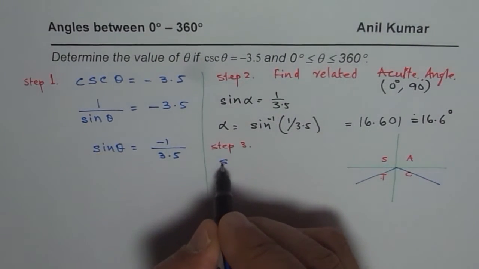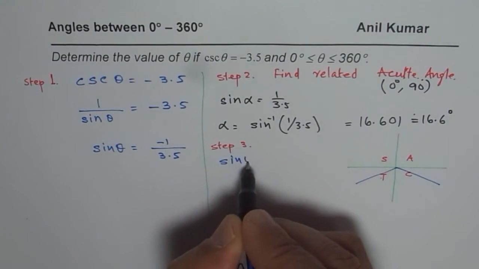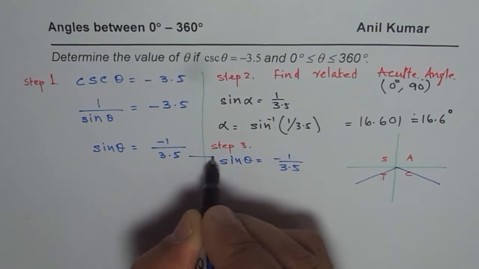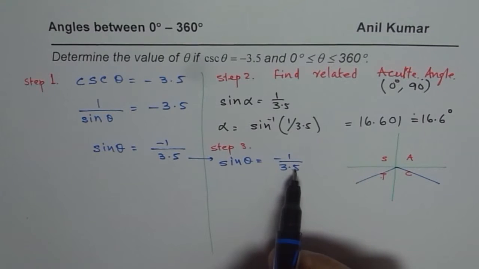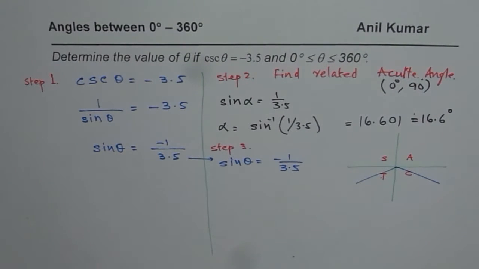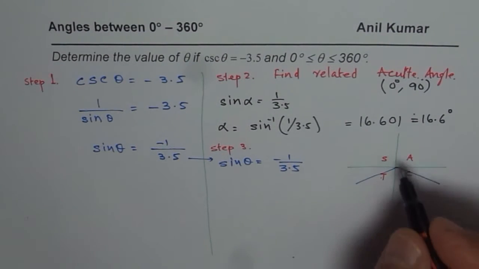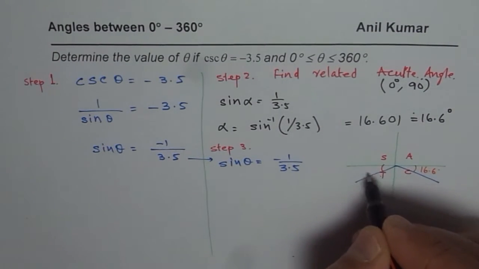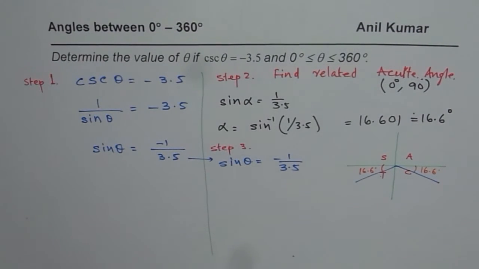So in these quadrants, we have negative values. The real question was that sine theta equals minus 1 over 3.5. This is what we wanted to find. What we found is the acute angle, which here is 16.6 degrees. So how much is the principal angle?